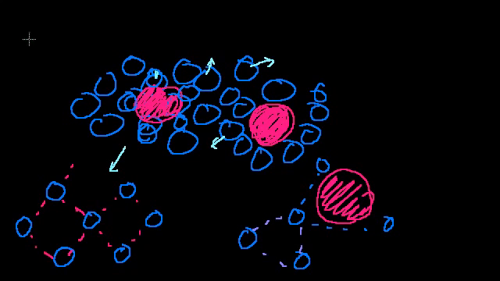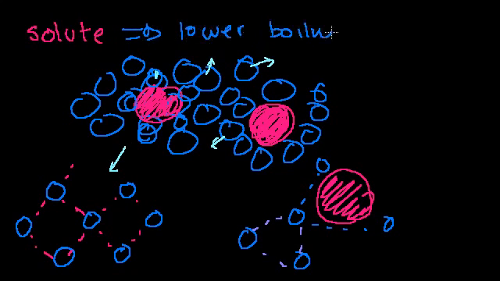So solute particles give you a lower freezing point. If we're talking about water at standard temperature and pressure, at 1 atmosphere, then instead of going to 0 degrees, you might have to go to -1 or -2 degrees. And we're going to talk a little bit about what that is.